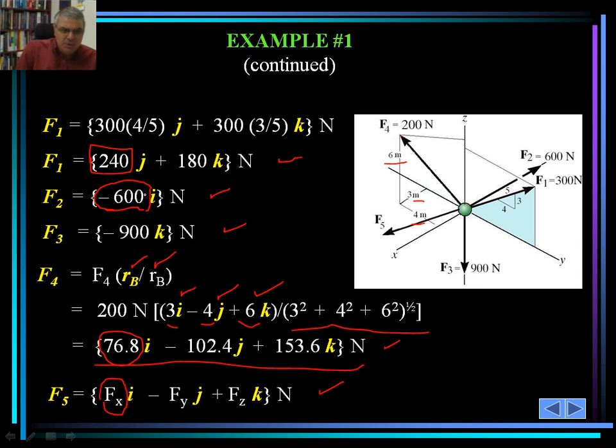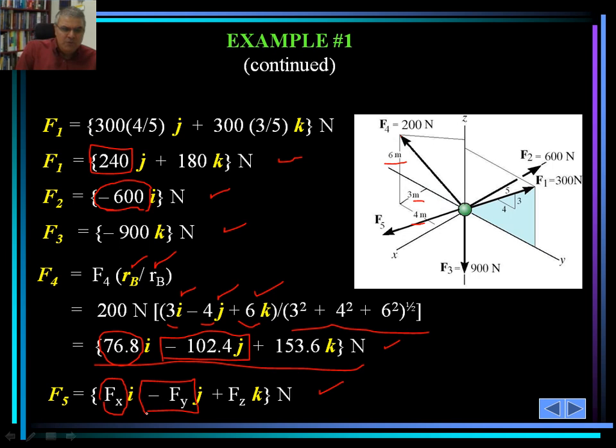And there is no J component for F sub 2, no J component for F sub 3. There is also another J component. Again, I'm showing this in a semi-rectangle type of shape, minus 102.4, and there is a Y component here.